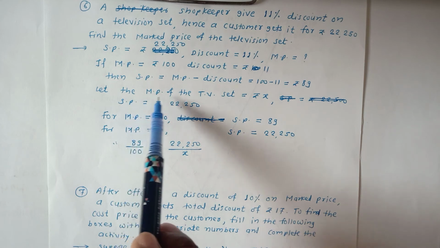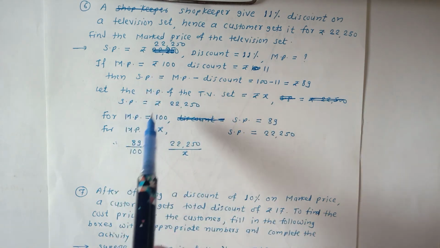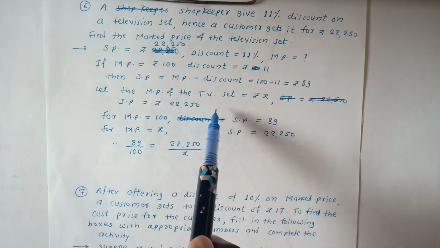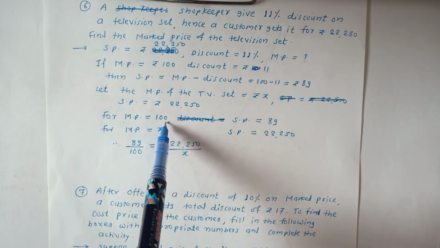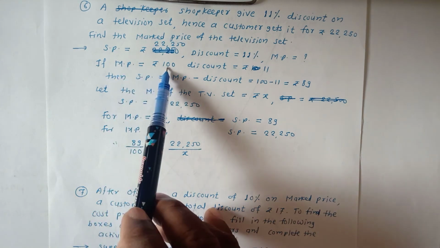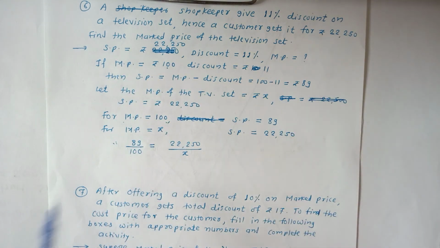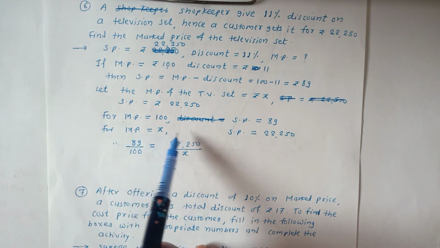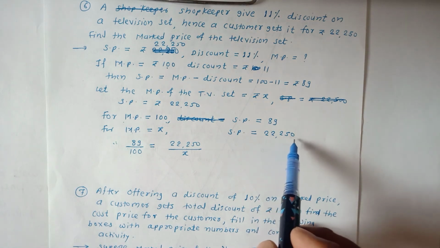Let the mark price of television set be rupees X and its selling price we have given here 22,250. Let's see here, for mark price 100, selling price is 89. And if we take now the mark price as X, then selling price is 22,250.